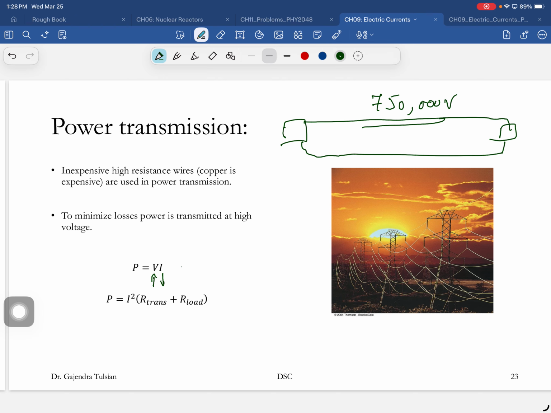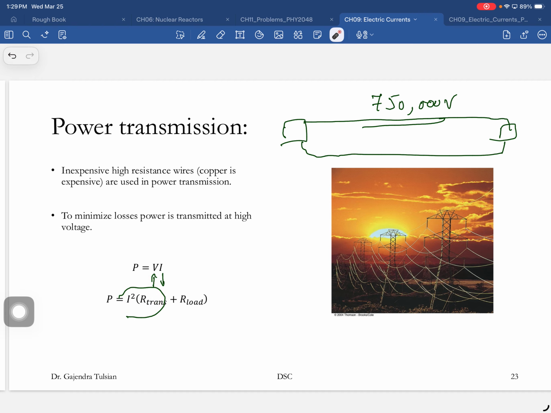So to minimize power loss, we transmit power at high voltage. And of course, you don't want 80,000 volts coming into your house. So you have step up and step down transformers. You step up the voltage here and you step down the voltage there.